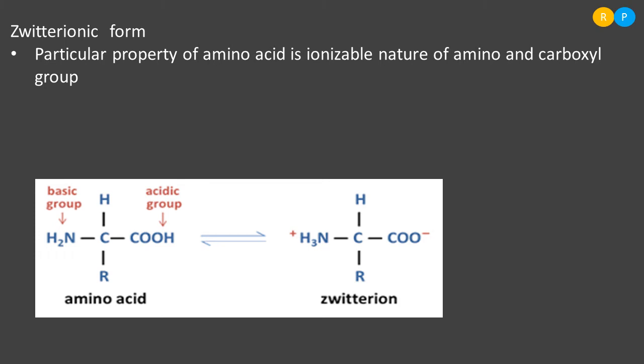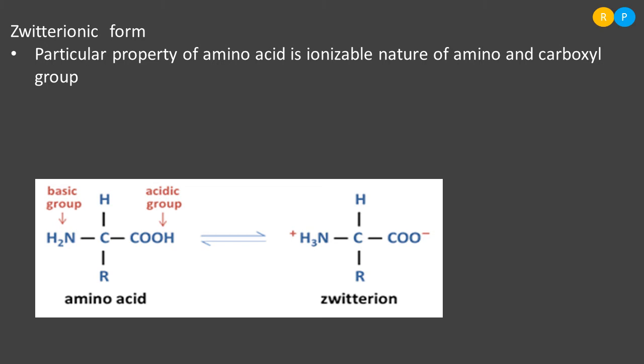You can notice in the equation that the proton, that means the hydrogen, moved from the carboxyl group towards the NH2 group, so the amino group here is protonated. The protonated amino group looks like this. Instead of NH2, we have to write NH3 plus. Protonated is nothing but it gained one hydrogen from the carboxyl group.